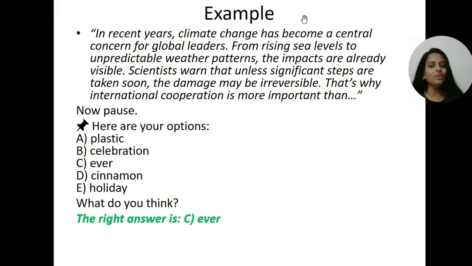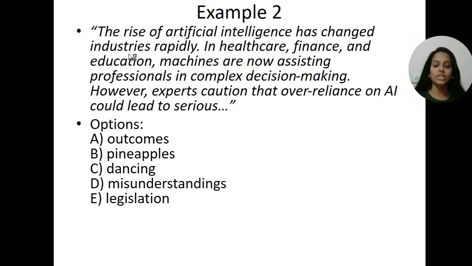Let's try one more, okay? Here is another example. The rise of artificial intelligence has changed industries rapidly. In healthcare, finance, and education, machines are now assisting professionals in complex decision making.